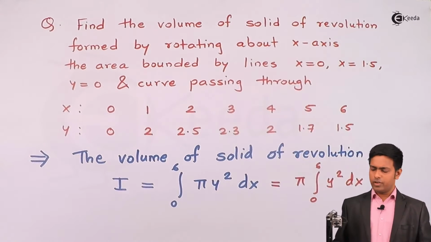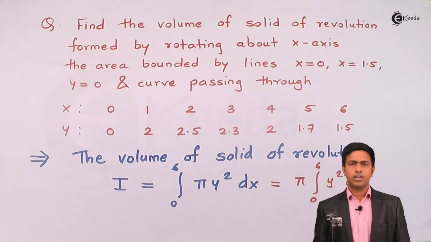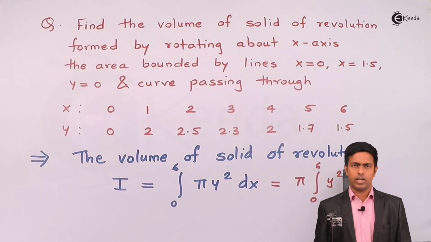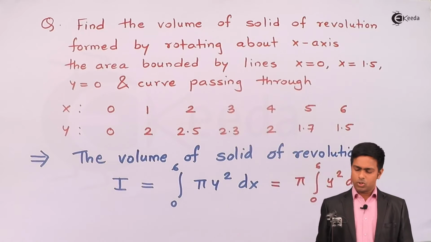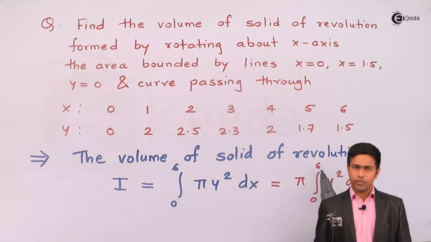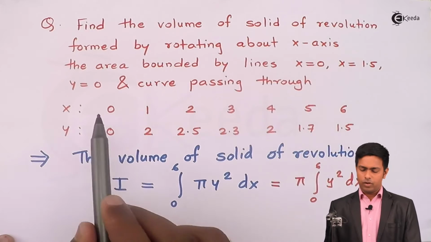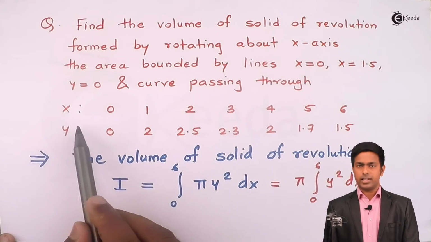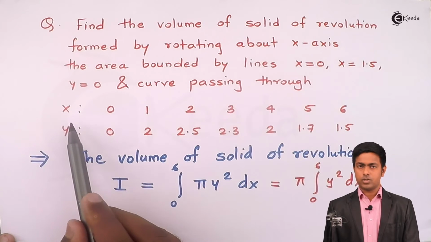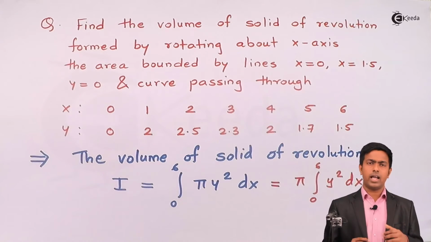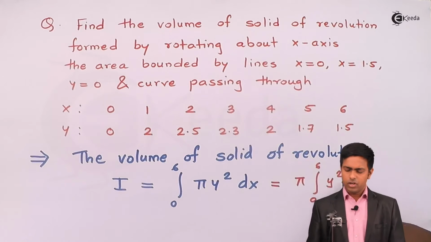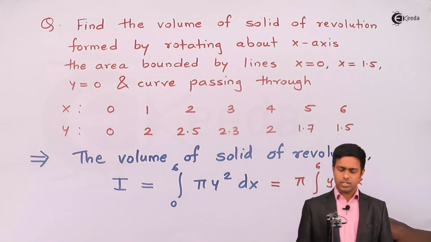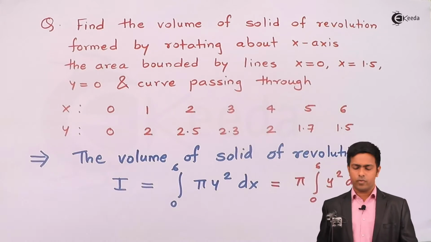We'll first evaluate this integration where the function is y square, and then multiply that value by pi. Since the function is y square, with the value of x, the value of y square is what we need, because y is nothing but the function given in the integration.